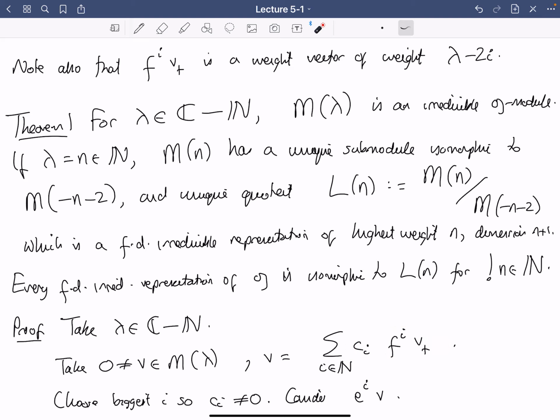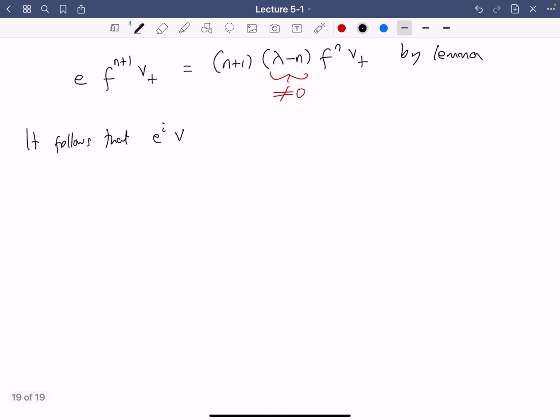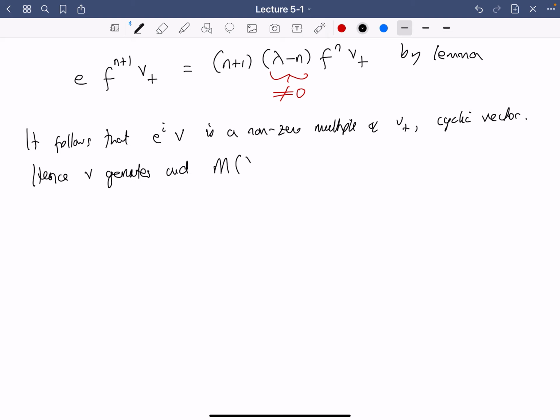And then this e to the i v, you'll get a non-zero multiple of v plus, which is a cyclic vector. Hence, v generates, and M of lambda is irreducible.